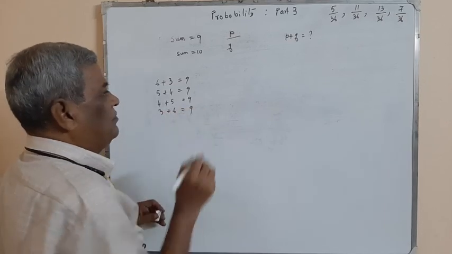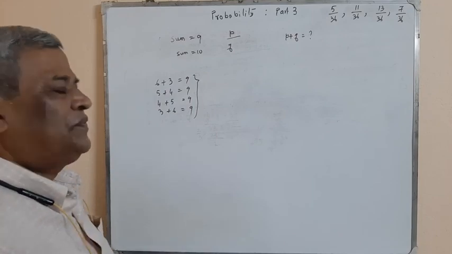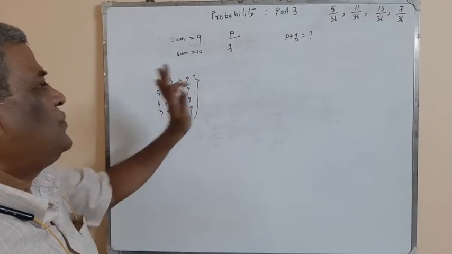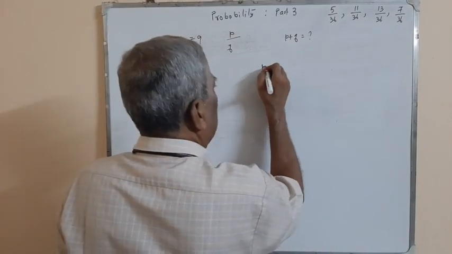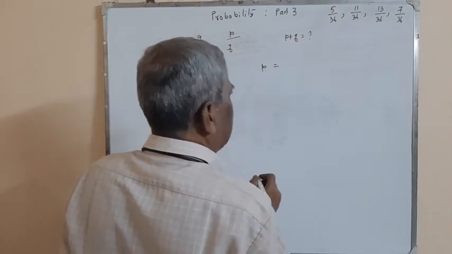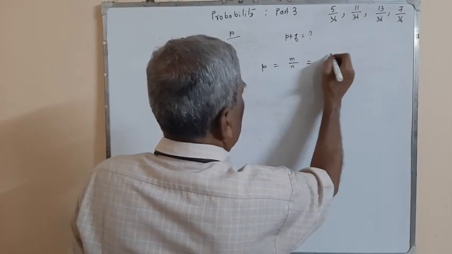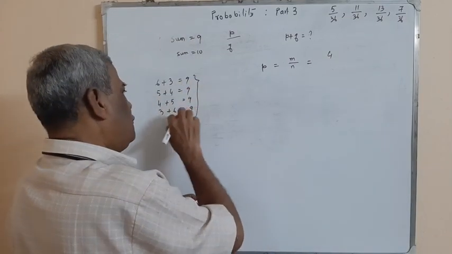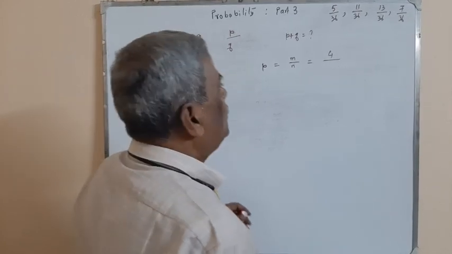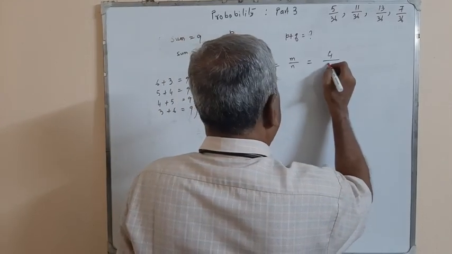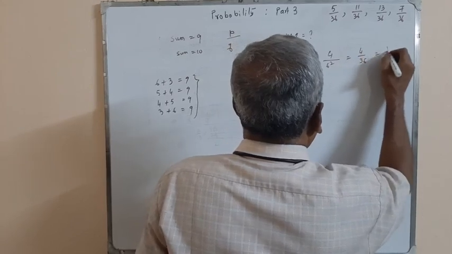No other alternative. So there are 4 cases. So P, probability that sum of the faces is 9 is equal to m by n. M is equal to 4, and n, 2 dice are thrown together, so it is 6 square, that is 36. So 4 by 36, that is 1 by 9.